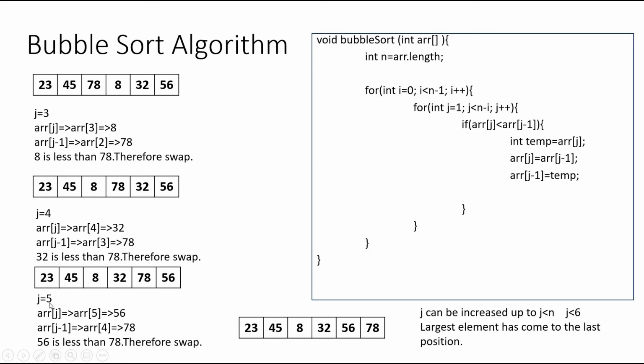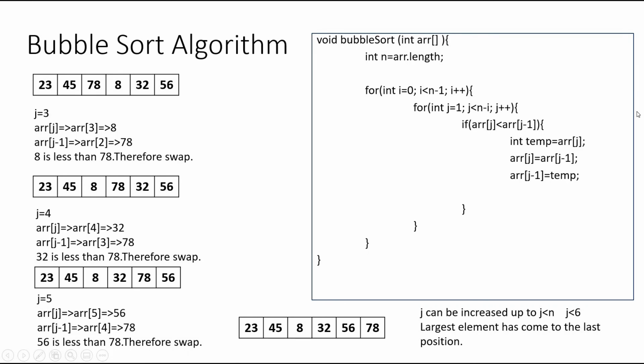Now j equals 5. When j equals 5, what is arr[5]? 0, 1, 2, 3, 4, 5. It is 56. What is j minus 1? 5 minus 1 is 4. Yes, 78. We know that 56 is less than 78.